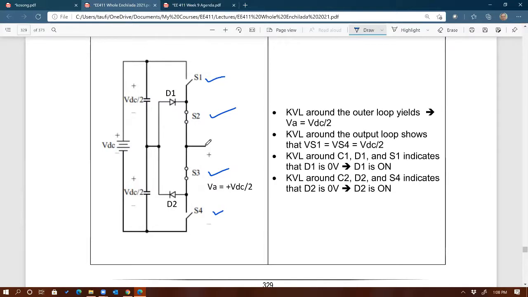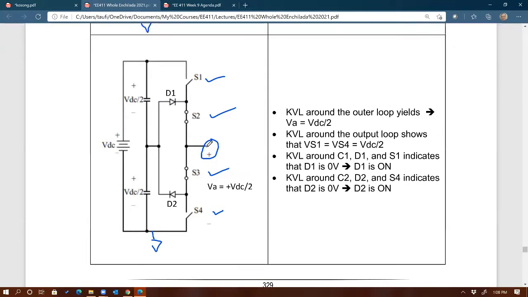If that's the case, what is the voltage at this node with respect to ground? Well, let's see. Okay, so this node right there, if S2 is on, a short, it's going to be the same as this node, yes?